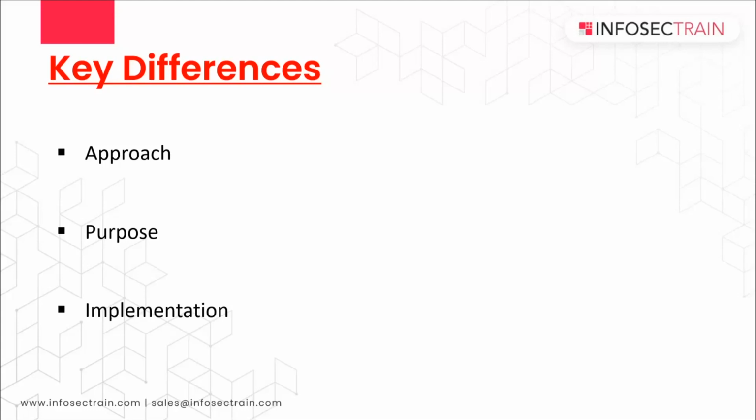Now, the next difference is the scope. As we know, fault tolerance typically applies to a system as a whole, whereas redundancy can be applied at different levels of the system.